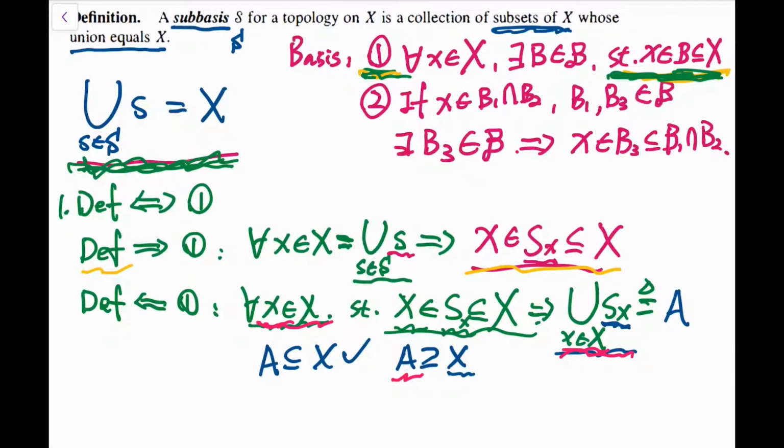So when we do the union, it contains all the points x in the set X. So according to this relationship, we get A contains X, and from those two, we get A is actually equal to X.